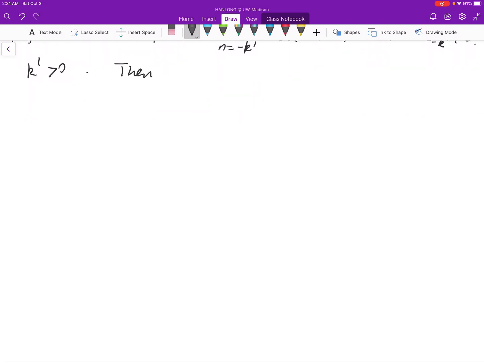Then let's compute the power series expansion for the function (z minus a) to the k's power times f(z).